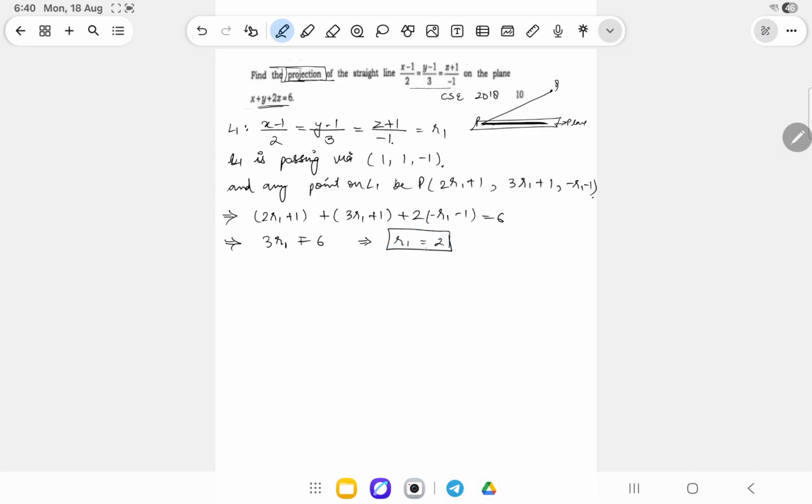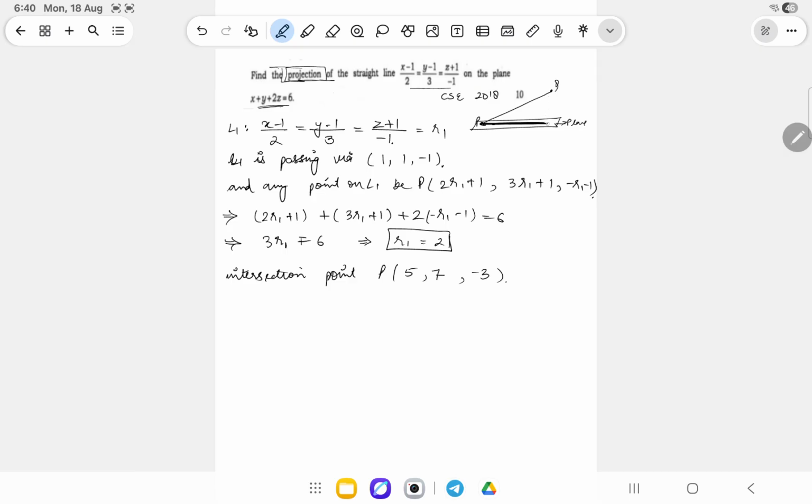Using this value of r1, we can find the intersection point of the line and the plane. So the intersection point P will be 5, 7, minus 3. So this is my intersection point.